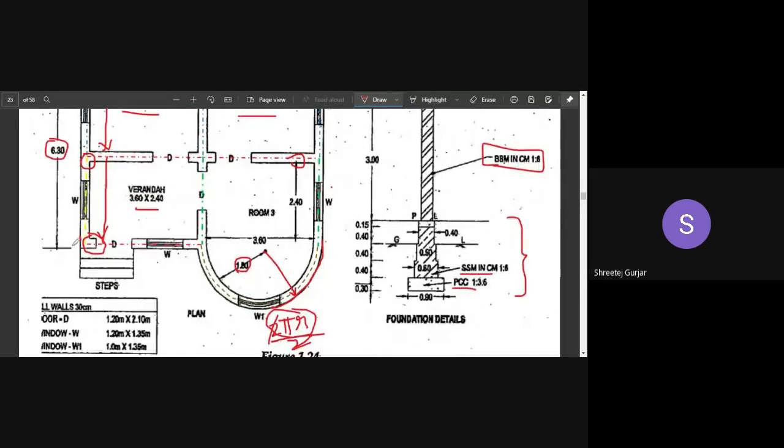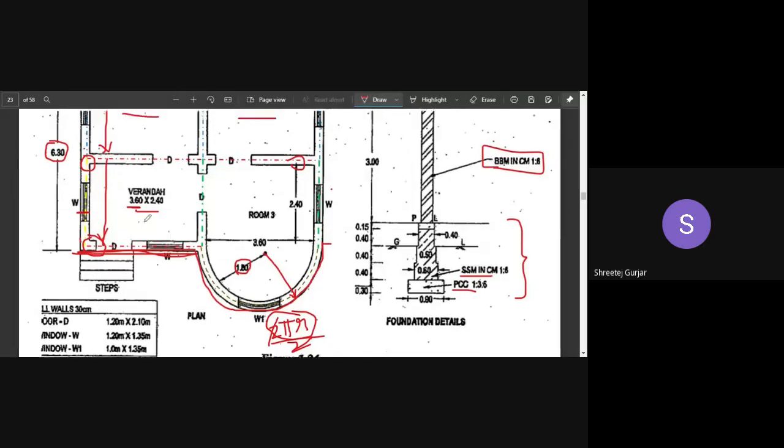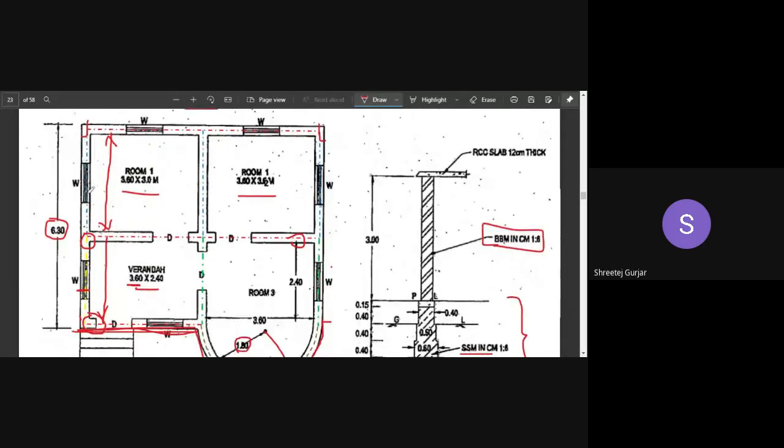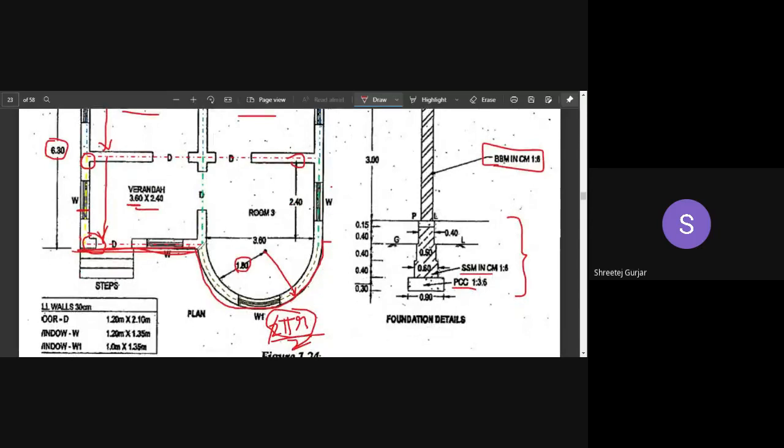Then we have to add this part, 0.3 plus 3.6, and this curved part we have already calculated. So adding all of this, 8.1 plus 6.3 plus this curved part will give me my external perimeter.